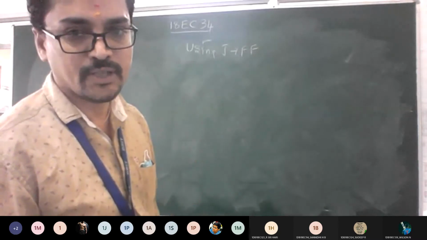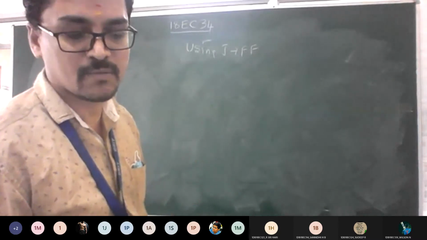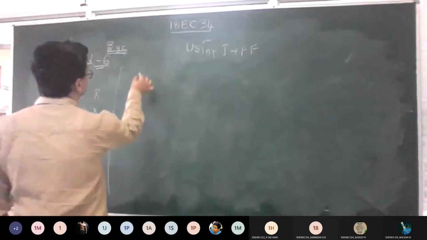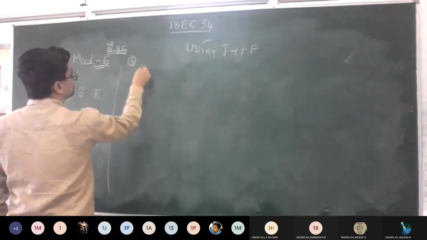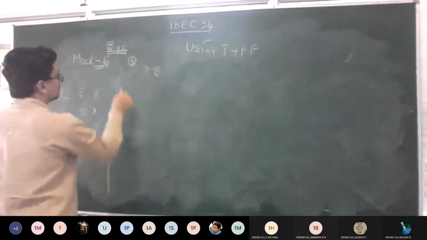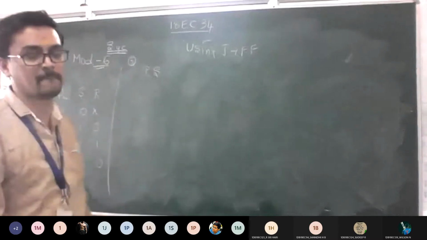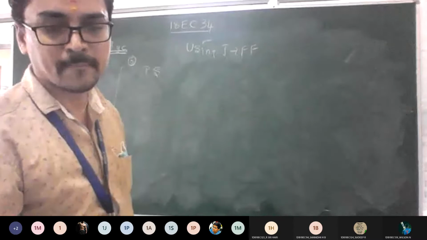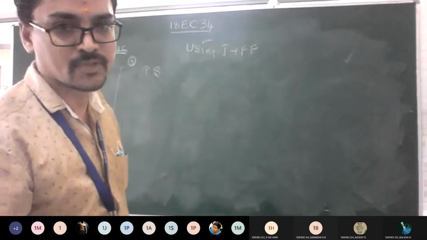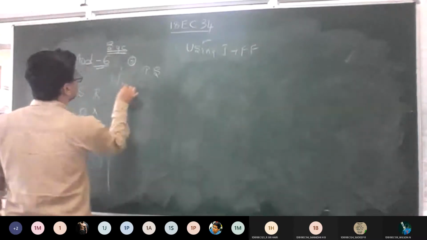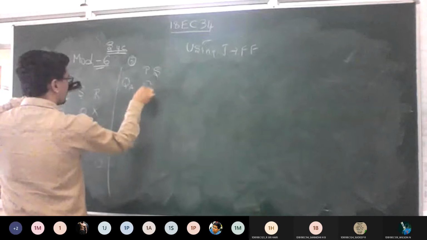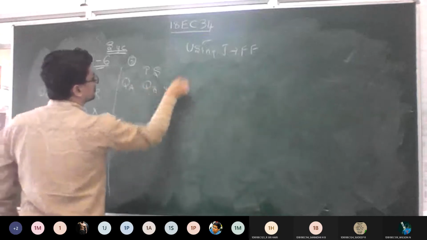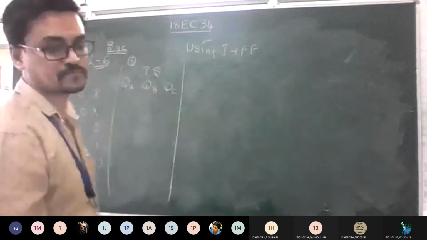So what you should do, you make a table with columns like present state, step 3. Present state, how many flip-flops are required? 3. So it means present state will be QA, QB, QC.